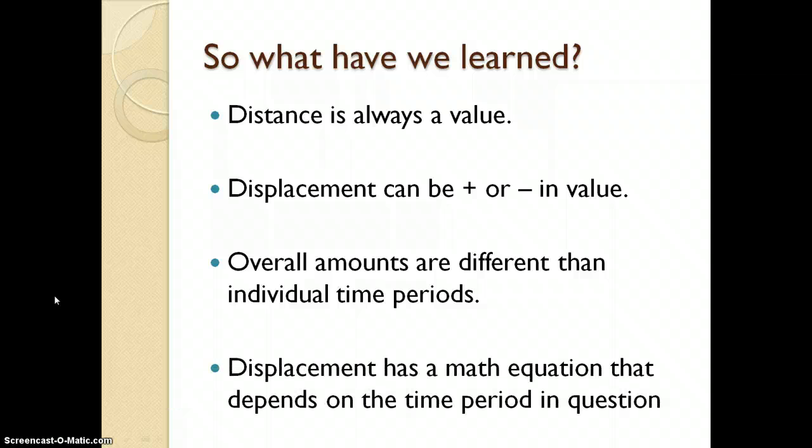Displacement has a math equation where the values depend on the time period you're looking at. If you look at the overall, which we're now going to call average, you look at the total added up time. If you're looking at just a small little chunk, you can look at the beginning and end positions of that chunk.